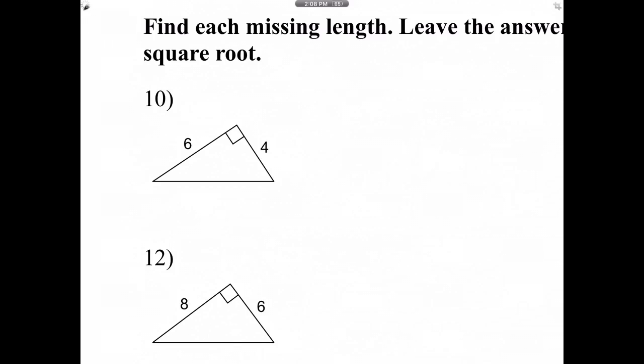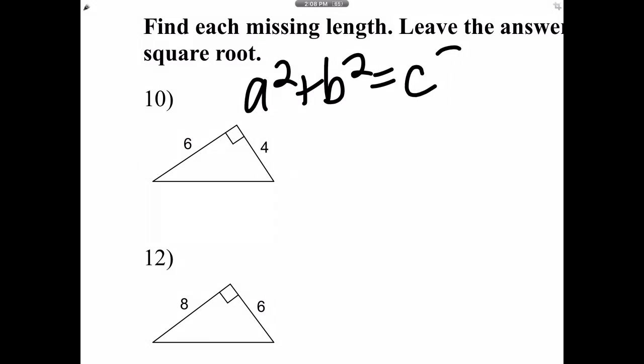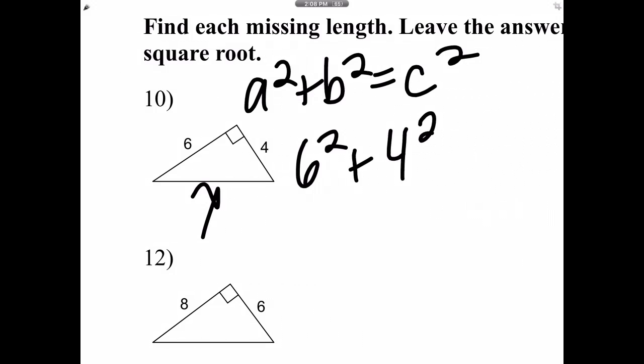All right, now we're going to be doing the Pythagorean theorem. Remember, a squared plus b squared equals c squared. In this case, on this program, they don't necessarily do ones that you can take out of the square root box. We don't have the c squared. We have 6 squared plus 4 squared equals c squared.